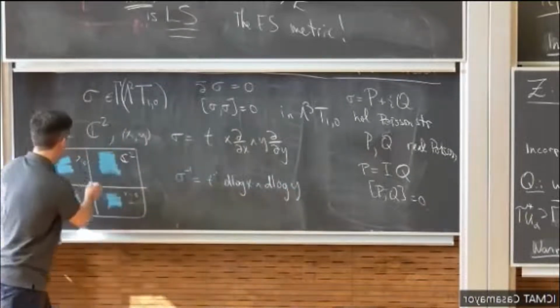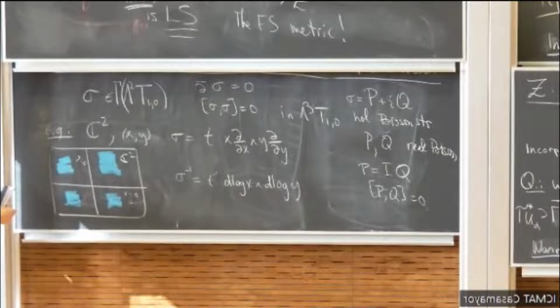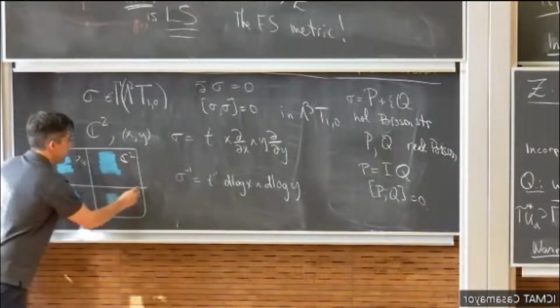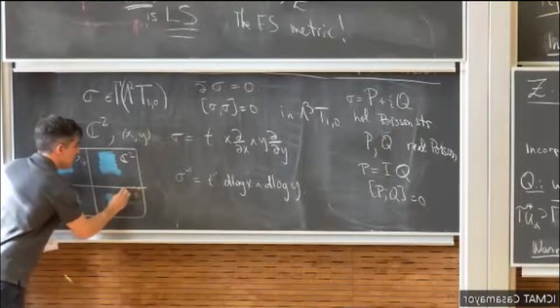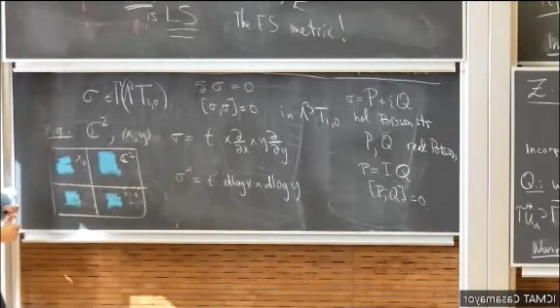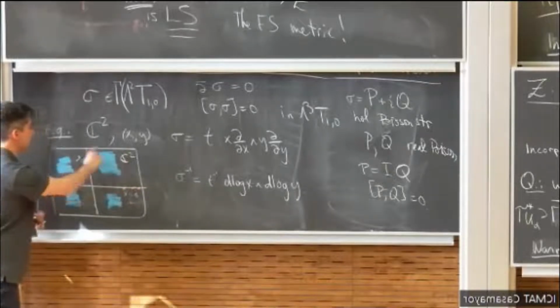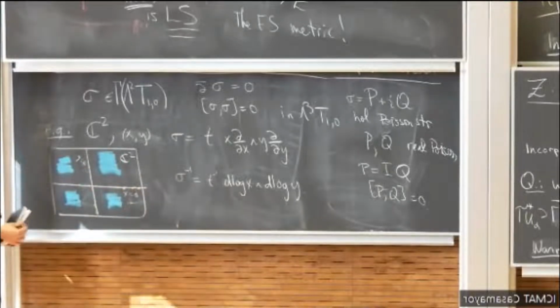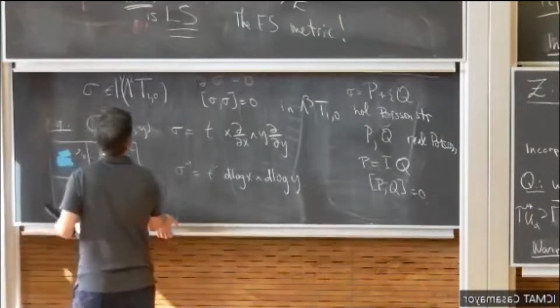So this thing blows up along the xy axes, and the symplectic leaves here are just the points. So we have infinitely many symplectic leaves, which are points, and then we have a big symplectic leaf, which is the complement of the axes, of this singular curve. Okay, this is what the Poisson structure looks like.